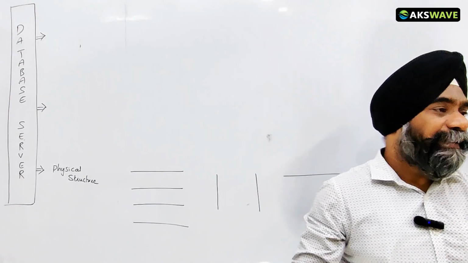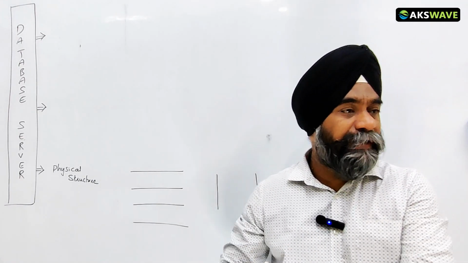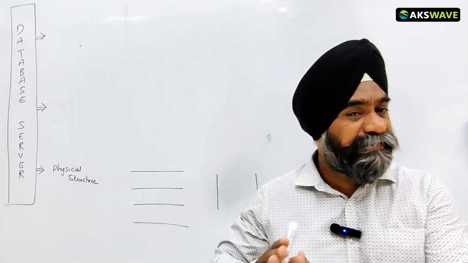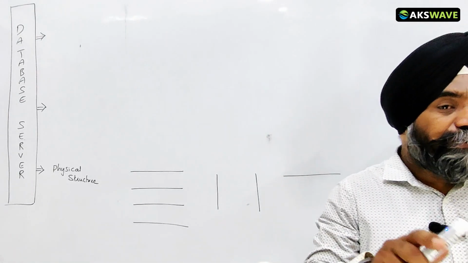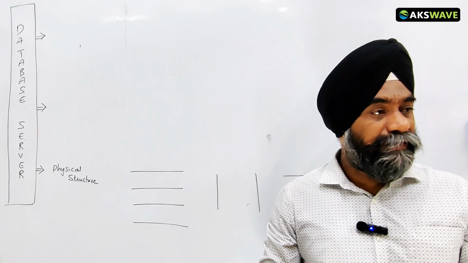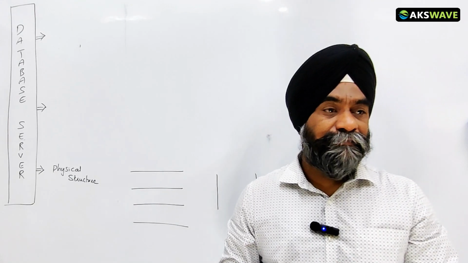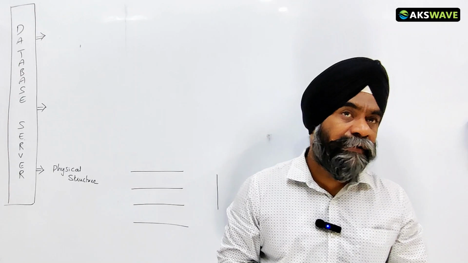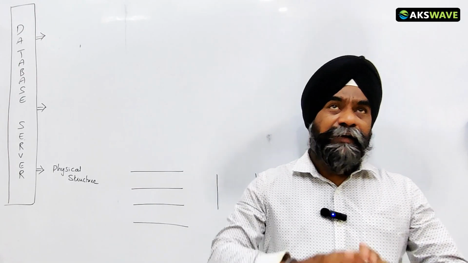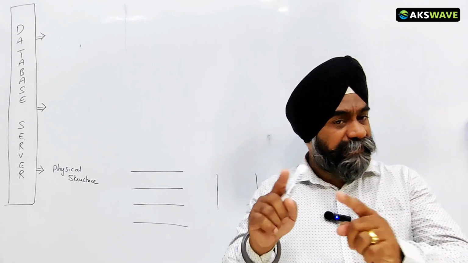Anything: a Word document, PDF, Excel, movie, image, any type or format of data, down the line is stored in a file. Keep it in mind, that's a very important part. So any type of data, at the end, is stored in a file.